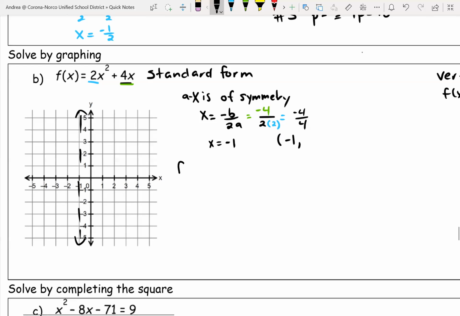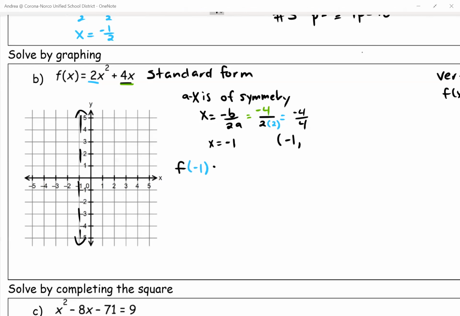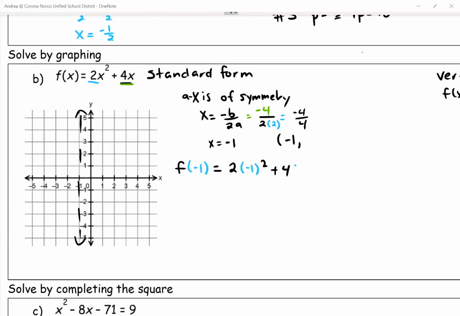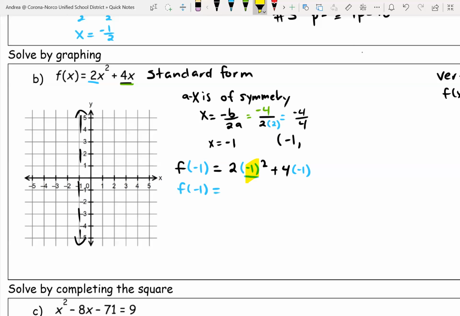So I'm going to get f of -1 equals 2 times -1 squared plus 4 times -1. Any questions over that? Okay, simplify. So f of -1 equals, again, square first. Okay, -1 times -1 is a positive 1.